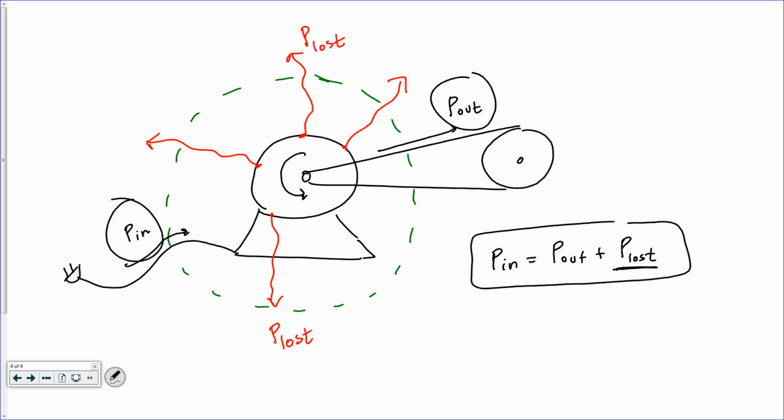And because P lost is not 0, we find out that P out is going to be less than P in, which means that the efficiency, which is P out over P in, is going to be less than 100%. Okay? So no real system has 100% efficiency, unfortunately, no matter how well it's designed. You just can't do it. Again, if you're going to take thermodynamics with me, we'll learn about that in some more detail.